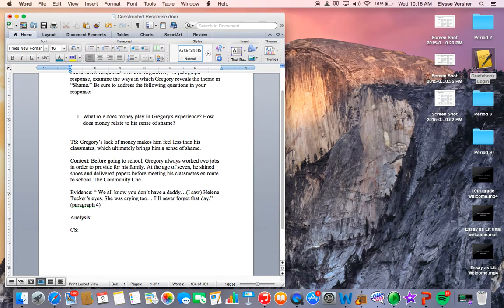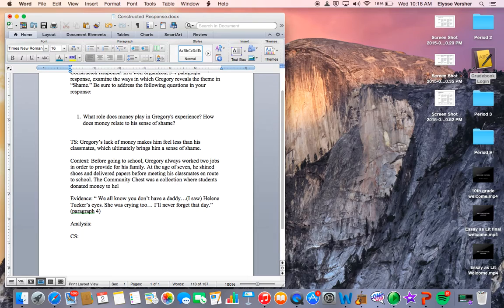The community chest was a collection where students donated money to help the less fortunate.